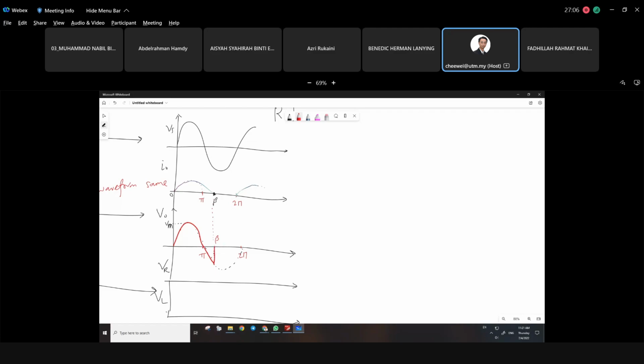So what happened at the rest of it? It goes back to the uncontrolled R load. It becomes 0. So if we compare with the R load, only this part is not the same. Okay, an additional negative portion happens. Otherwise it will be just the same. So after that, what happened?